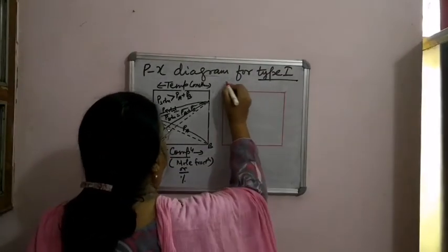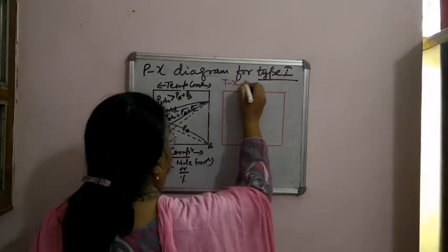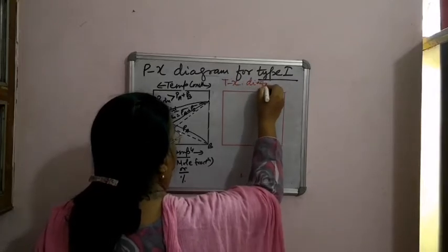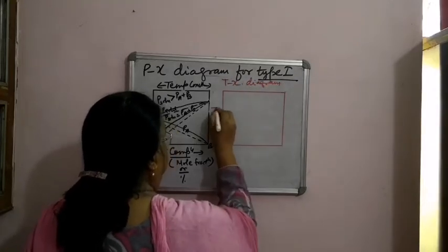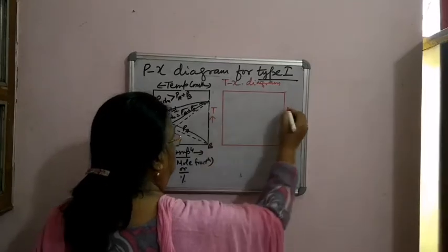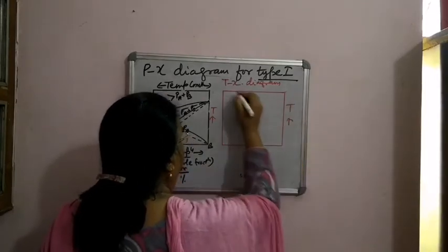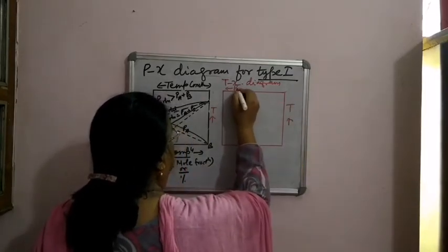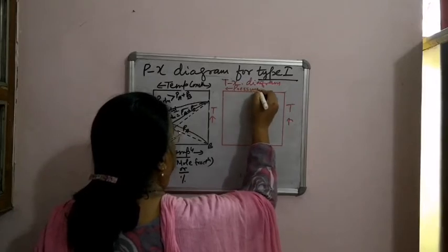So now this is for the TX diagram. So if TX, then temperature is variable, so pressure will be constant. Pressure constant.